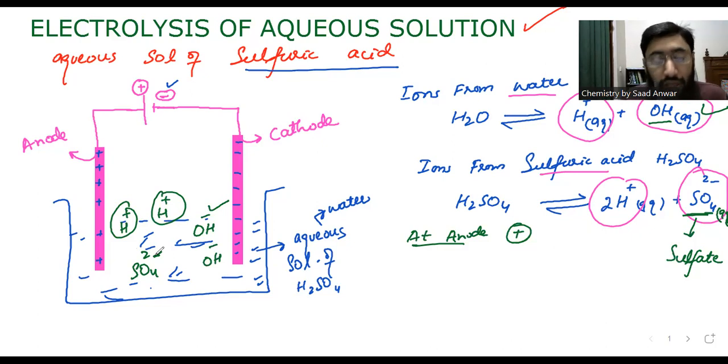The point is, which ion reaches the anode earlier? The ions which reach the anode earlier will discharge first, and the product will be decided according to that ion.